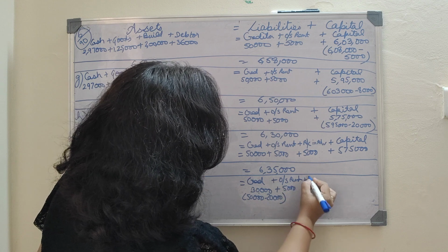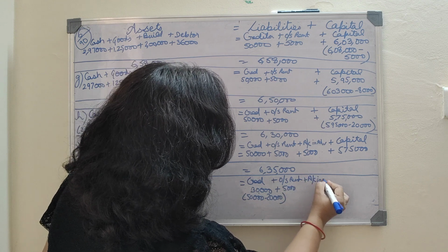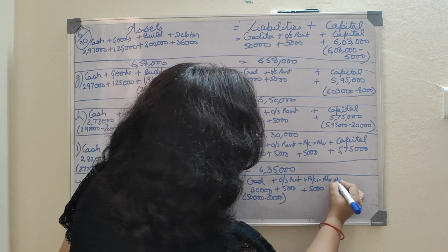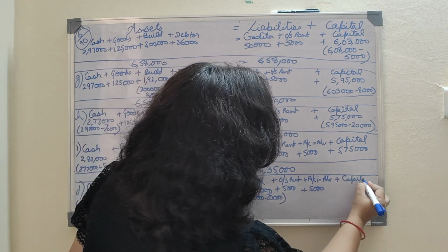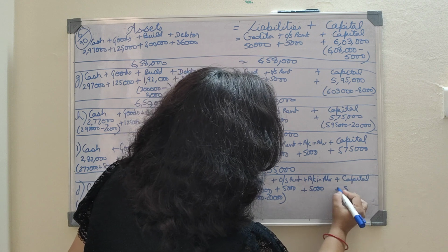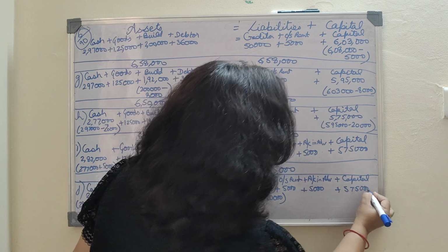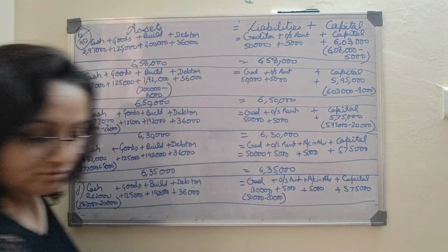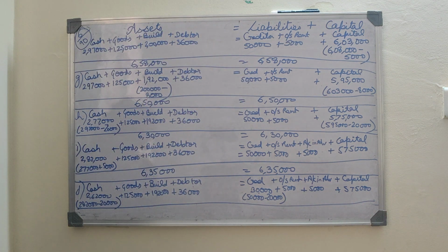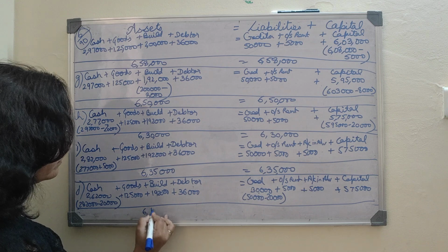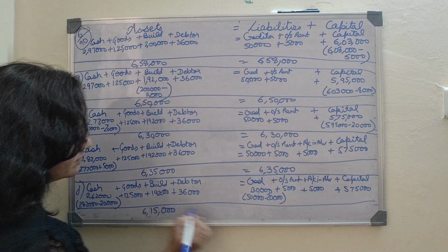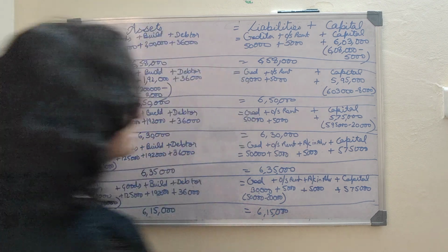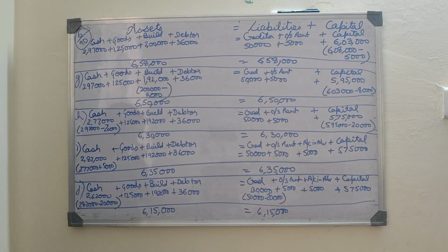5,000 account in advance, that is 5,000 plus capital 5,75,000, right? So now the total of both the sides comes to 6,15,000. Right? So this is how our total is still going on.